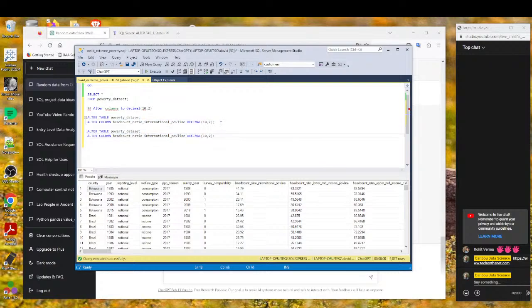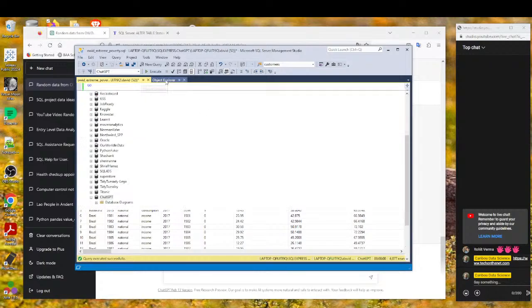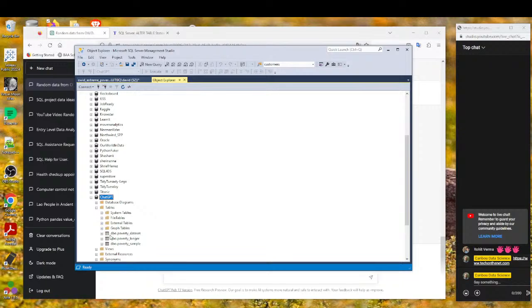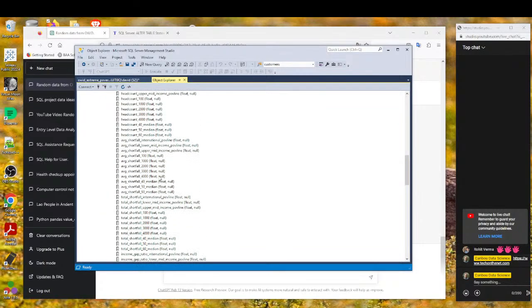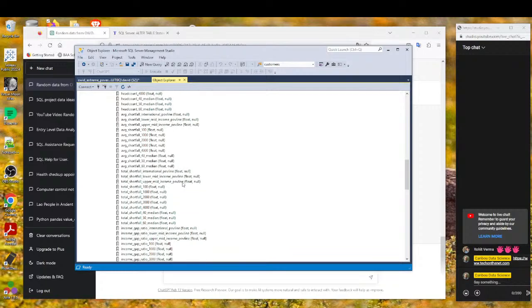Now, like I said, we could go back in and just alter them in Excel, but we're just going to use this as a demonstration of how to do this, because you see, we have a lot of columns here.